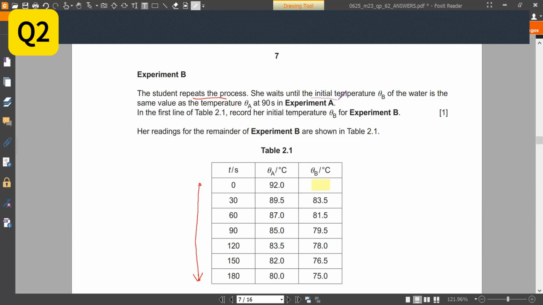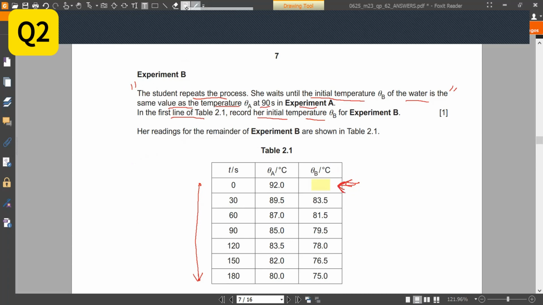She waits until the initial temperature of the water is the same value as the temperature theta A at 90 seconds in experiment A. In the first line of table 2.1, record her initial temperature theta B. What we want to work out is this initial temperature.